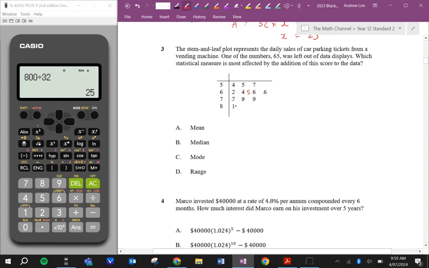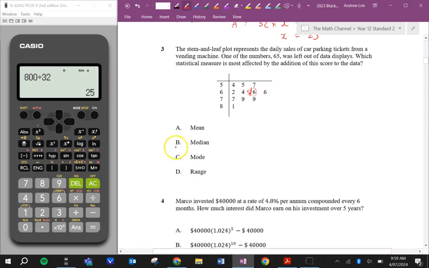Halfway, the median would be 1, 2, 3, 4, 5, 6, would be 66. But if we add 65, then the median will be 1, 2, 3, 4, 5, 6 will be here, which will be 65.5. So I'm thinking it's probably the median.